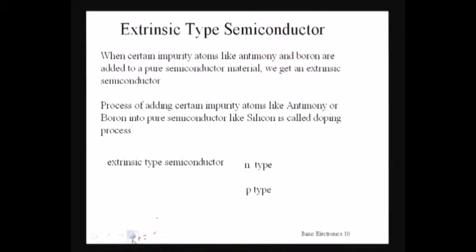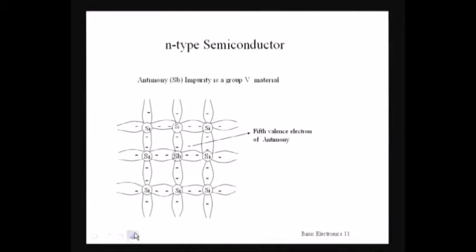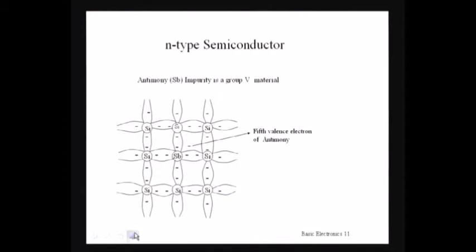You can get an N-type extrinsic semiconductor if you add a pentavalent impurity material like antimony or phosphorus into a pure semiconductor like germanium or silicon. Or you can have a P-type extrinsic semiconductor when you add a trivalent impurity material like boron or indium into pure germanium or silicon.